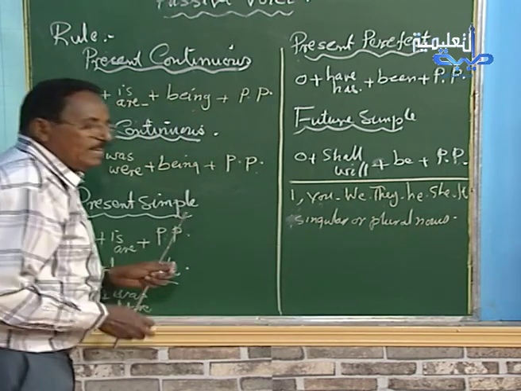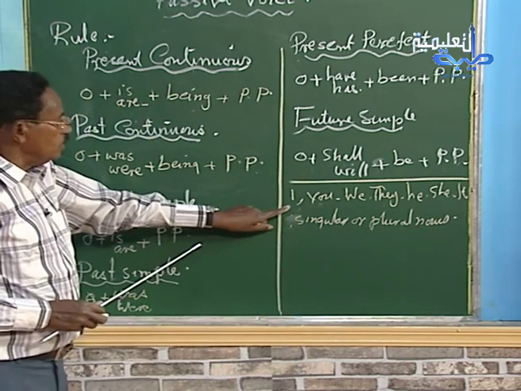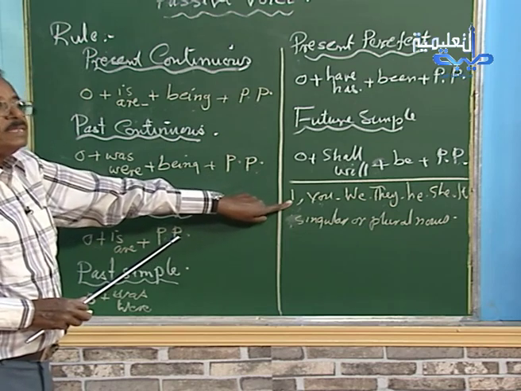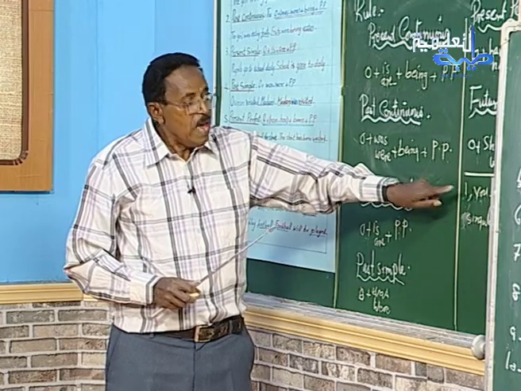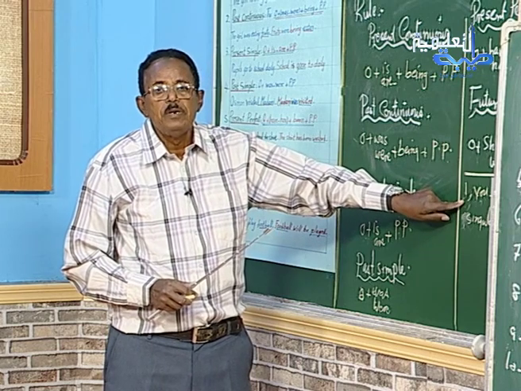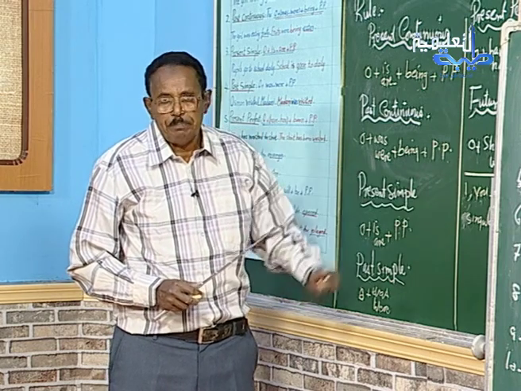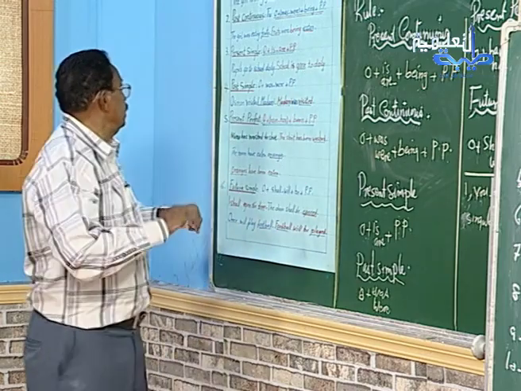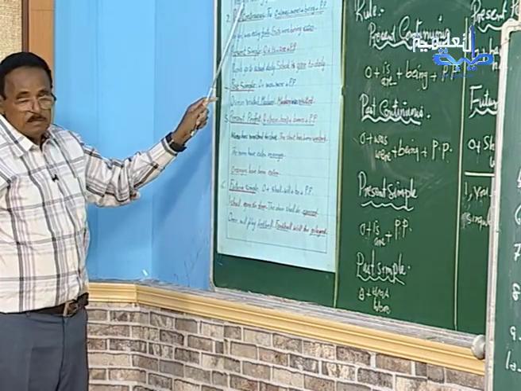When you find these, they always come before the verb. Every subject comes before the verb. You see here, the girl.